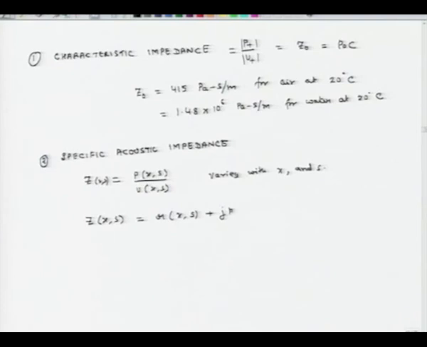So, I have j times X, and R, which again is a function of x and s, is called specific acoustic resistance, and it depends on the damping parameters of the system.